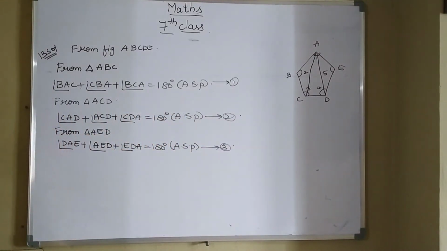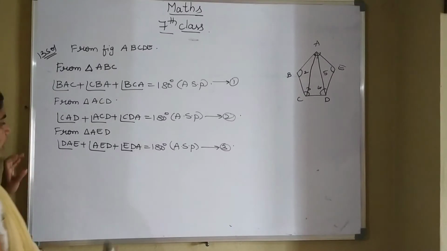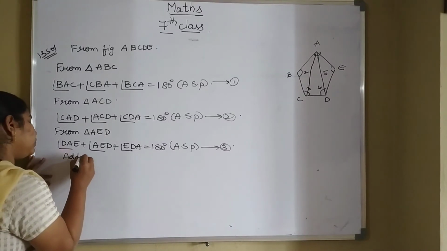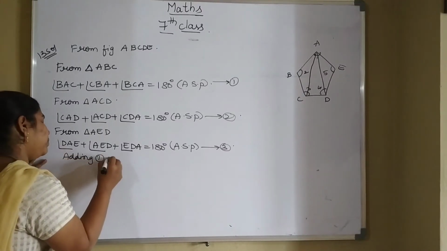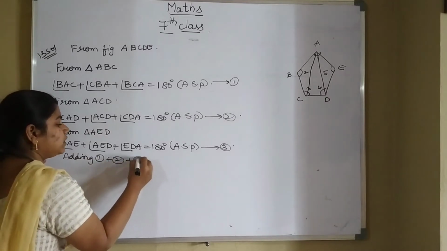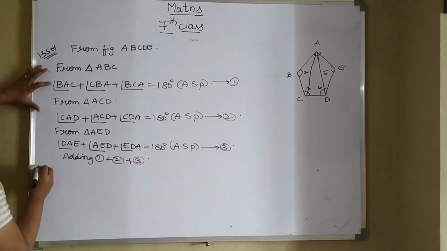Now what we have to do, we have to add all the 3 equations. Adding 1 plus 2 plus 3. So what is 1 here?